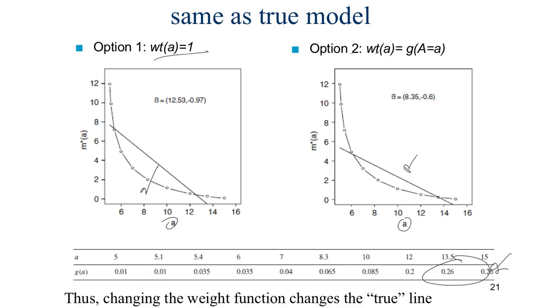Now, if I fit a parametric model that could fit that curve, then as sample size grows, regardless of the weight, it would go to the true curve. But if I'm doing an approximation of that curve, that approximation is a function of the weights. That's a kind of important general thing to learn. In this context, and typically when you learn, the weights just increase efficiency, but they actually change the parameter, the ultimate values of the coefficients in our case, depending on what weight you choose. So it's not as simple as that.